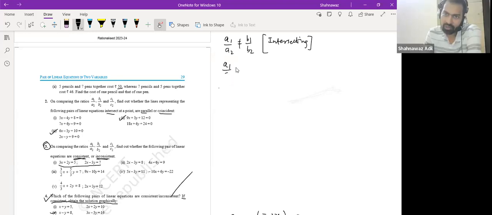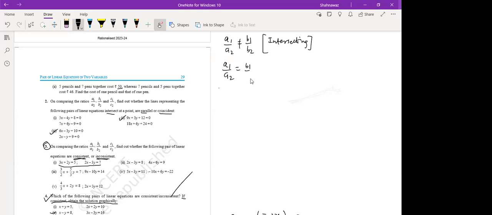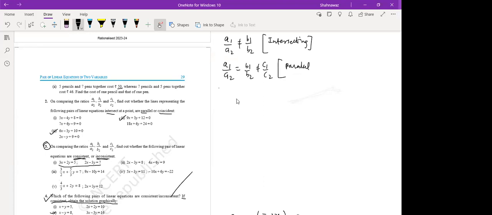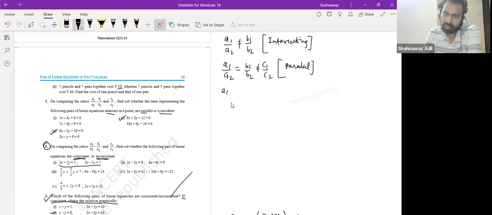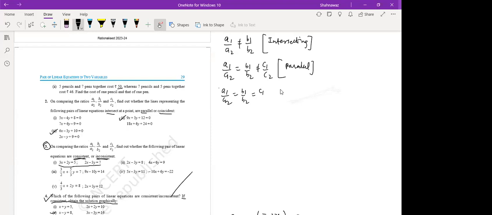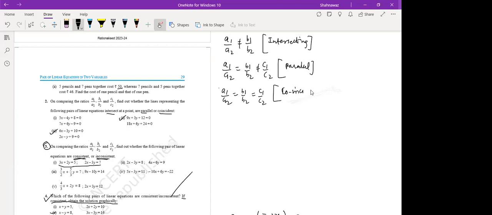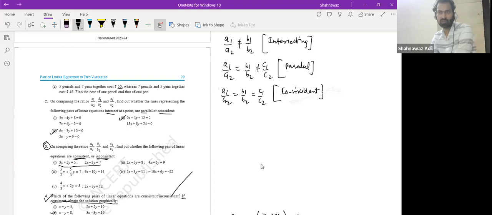A1 by A2 equal to B1 by B2 not equal to C1 by C2: this is parallel. And A1 by A2 equal to B1 by B2 equal to C1 by C2: this is coincident. This we already know, Rifa.